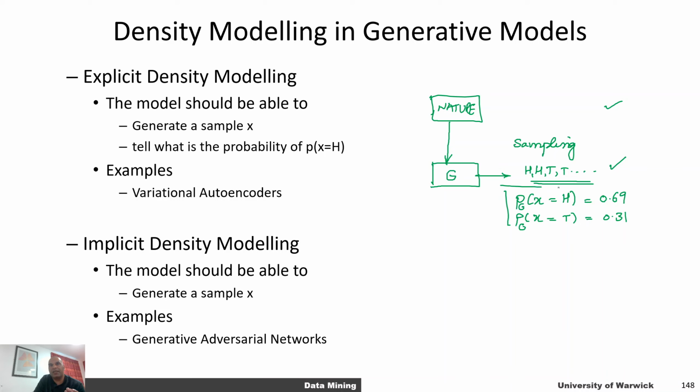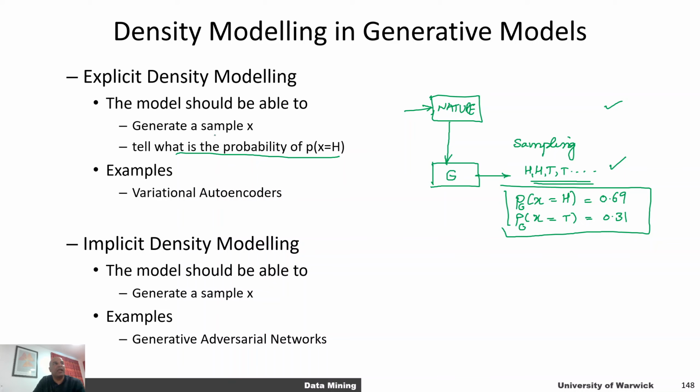If it can tell me that, then we say that we have explicitly modeled the generative density being used in nature, because now we have a model that can tell us the probability of p of x equal to h, or p of x equal to t, and so on. So we can get an idea of how likely a certain sample is.